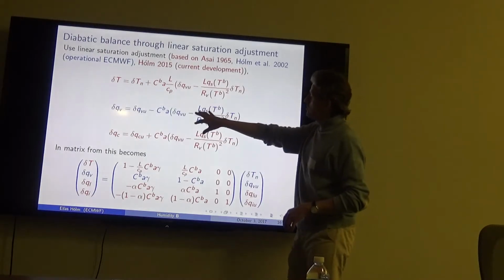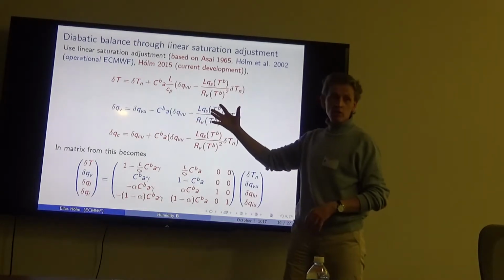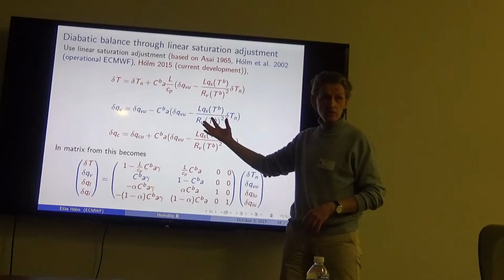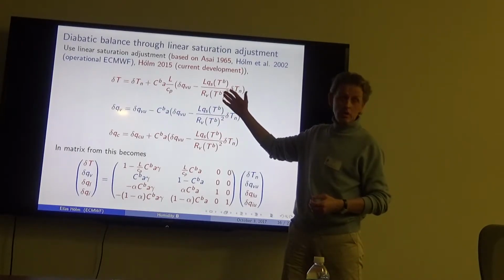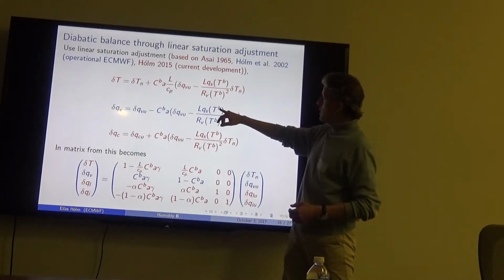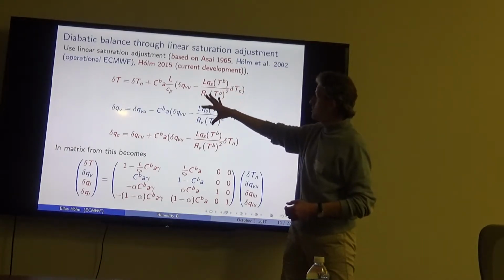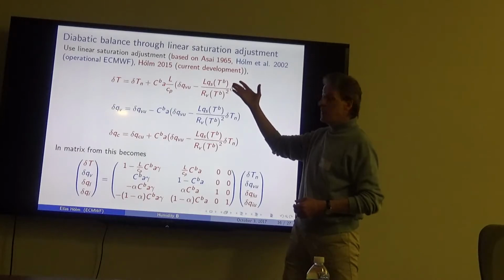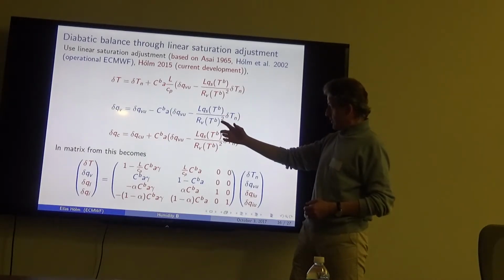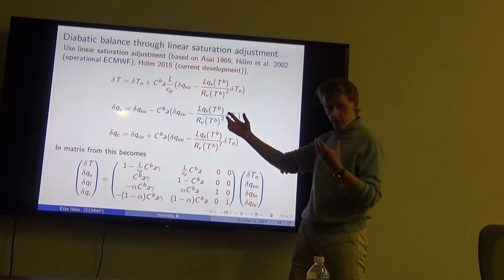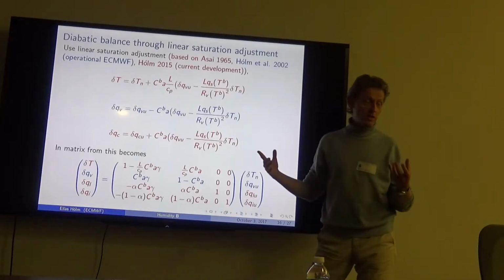Now, of course, if you have condensation or evaporation, really, temperature should change as well. So that's what we're now experimenting with, adding this total saturation adjustment with temperature in. And if you change humidity in moist regions, then cloud condensation should also change.